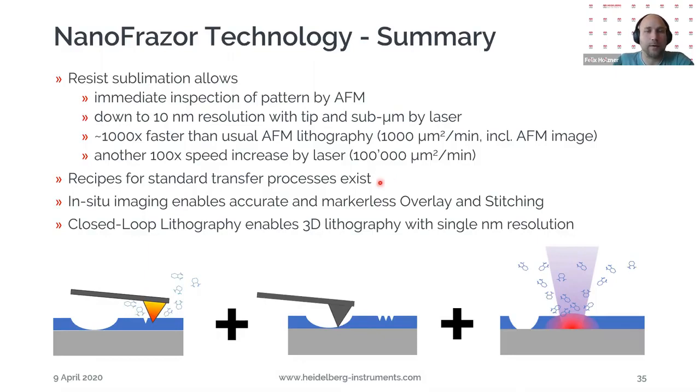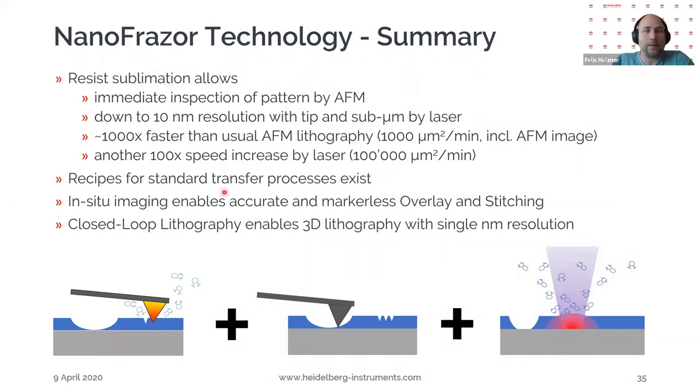We will talk about that in separate webinars, but we also support our customers with all these processes, because in the end, what we want is that our customers quickly manage to make advanced nano devices. And sometimes the difficulty is not the lithography, it's more how to do the next steps. And here we support our customers as well.